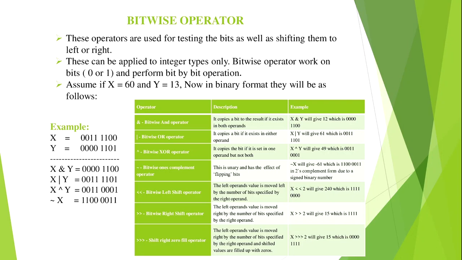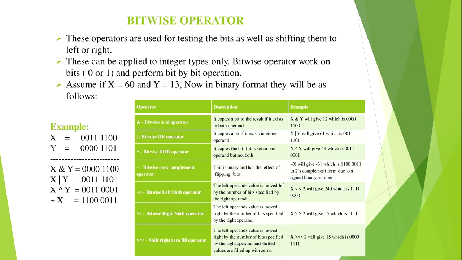So x OR y, see here, if any one of the bits is 1 or both bits are 1, then you will get the output bit as a 1, otherwise 0.